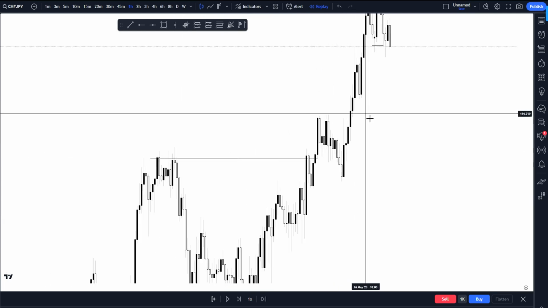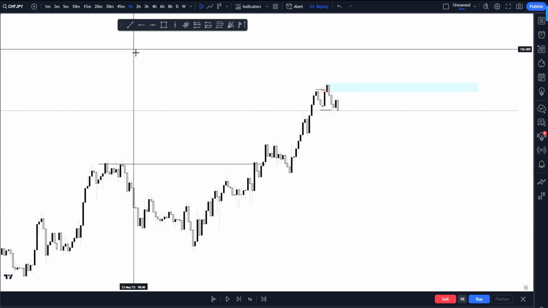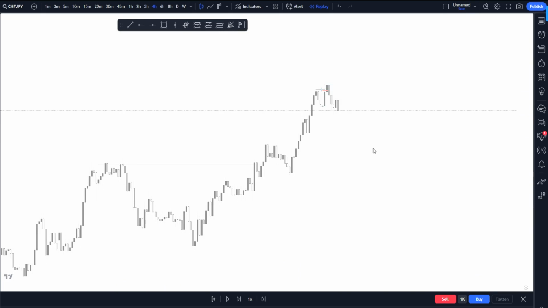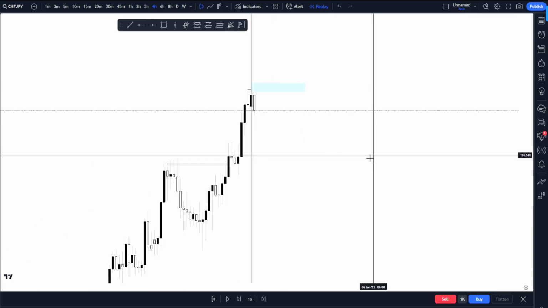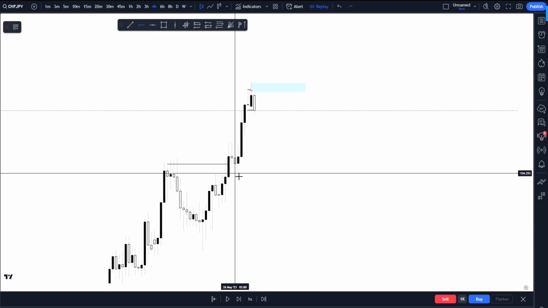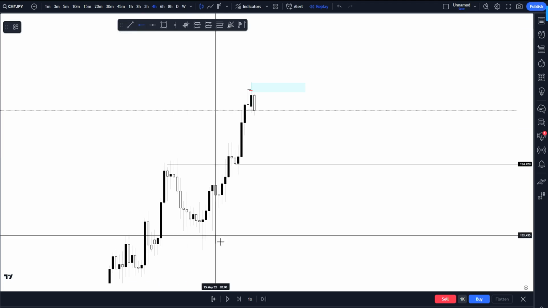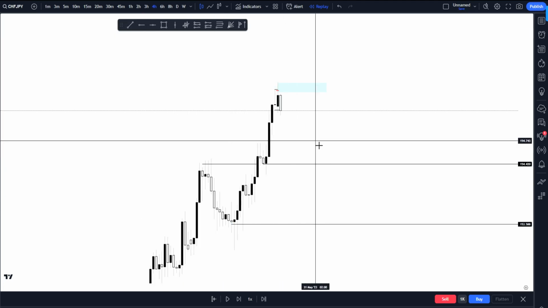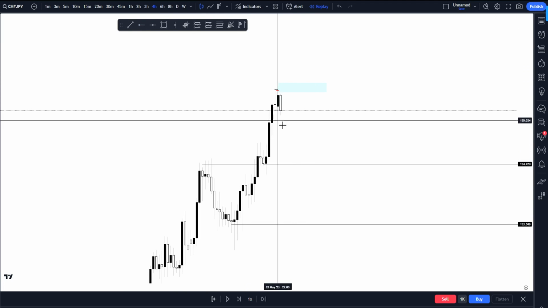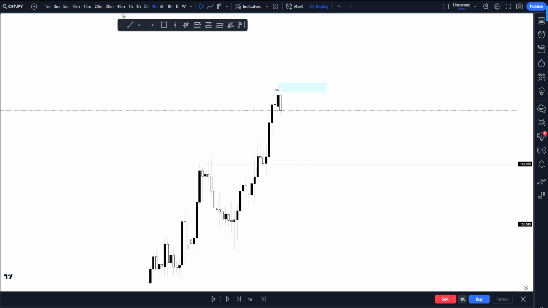and our first take profit is on the 4 hour time frame. Our first take profit is this, and our second take profit is this. So we're gonna wait for the market to reach into this zone on the 1 hour time frame.